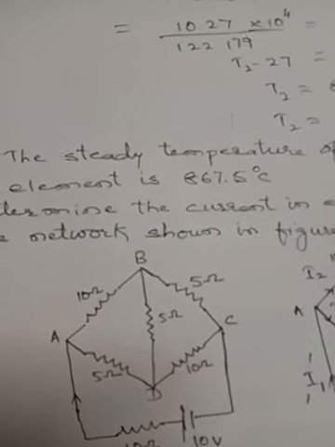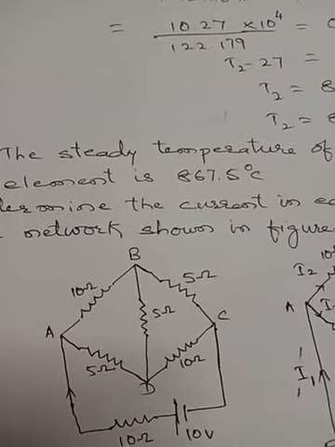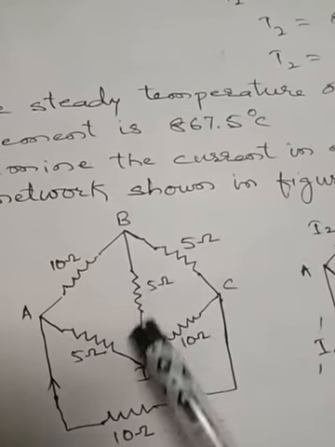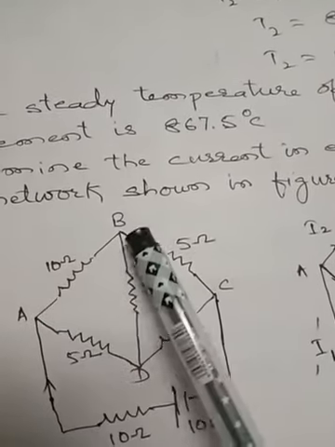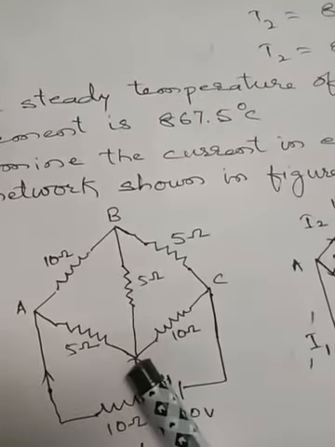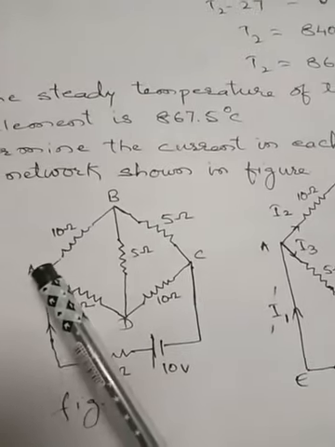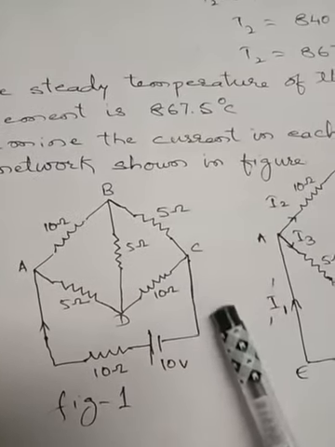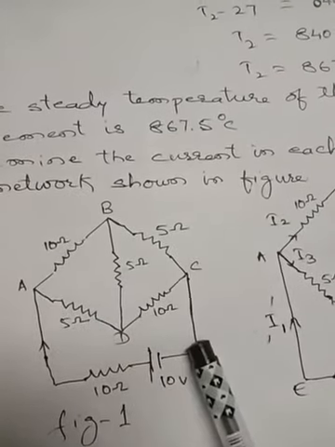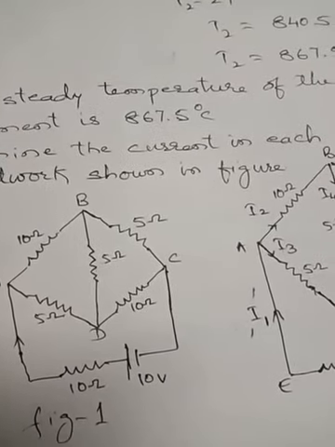First branch is A, B, D, A. Second branch is B, C, D, B. And third branch is A, B, C, E and F, means the last branch. So these are the three branches.